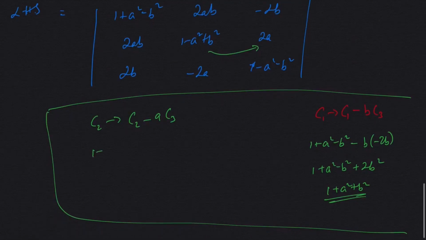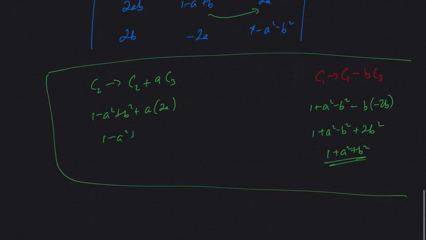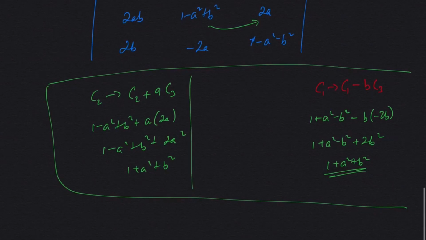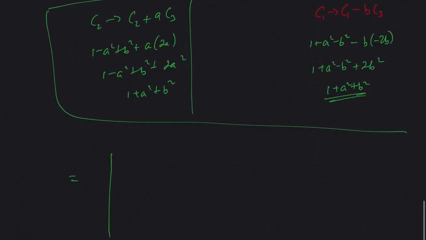Okay, so 1 plus a square plus b square minus a into 2a. Column 3. So not minus, let's do plus, then I think it will be correct. 1 minus a square plus b square plus 2a square, so 1 plus a square plus b square. So I think if we apply these two operations, let's see what we have.